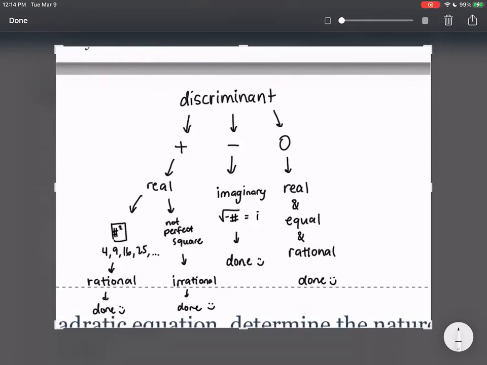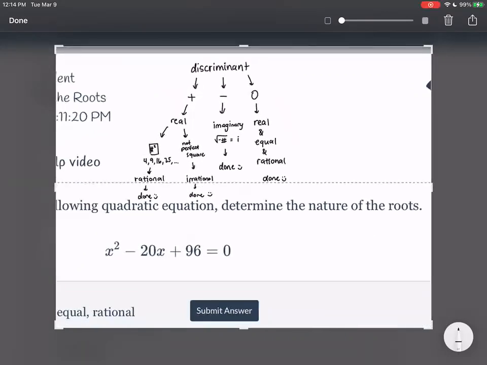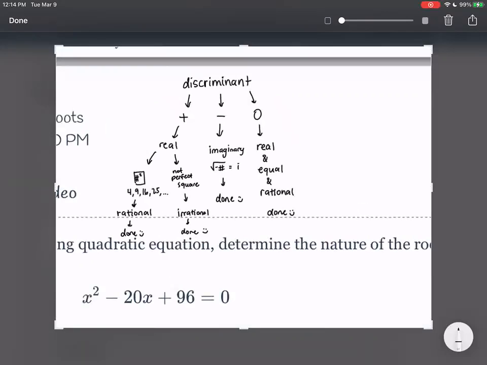And so let's take a look at our problem. Oh, I don't have to zoom out that much. So here's your A value, a positive 1. Here's your B value, a negative 20. I noticed the negative this time, I didn't forget it. And here's your C value, a positive 96. Here's your formula, b squared minus 4ac, that is the discriminant formula.